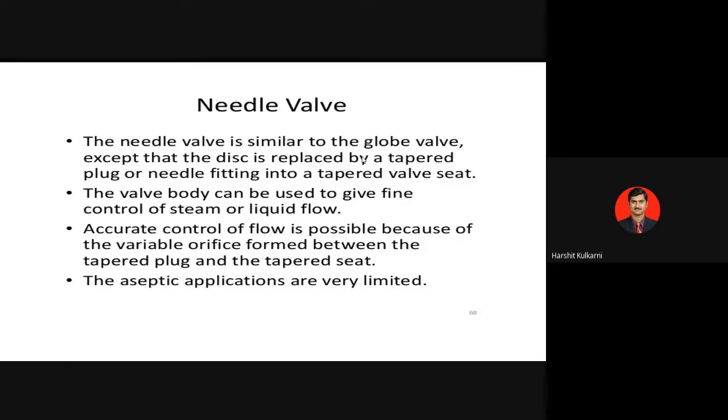The body of the valve is used to give fine control of the steam or liquid flow. So you have fine control of the flow rate. Accurate control of flow is possible because of the variable orifice. So what forms the orifice here? It is nothing but the space between the tapered plug and the tapered seat.